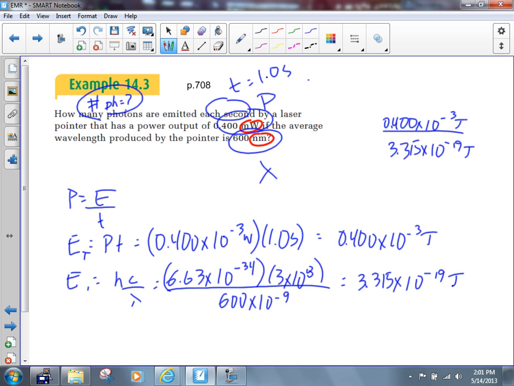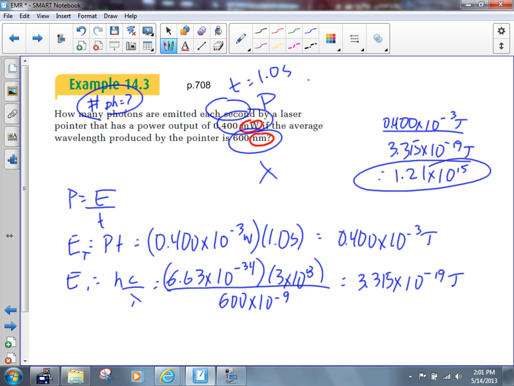We do the math on that one, and it should give us our answer for the number of photons. 0.4 times 10 to the minus 3 divided by 3.315 times 10 to the minus 19 gives me 1.21 times 10 to the 15 photons is our answer.